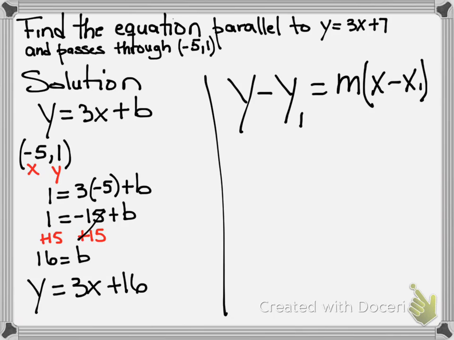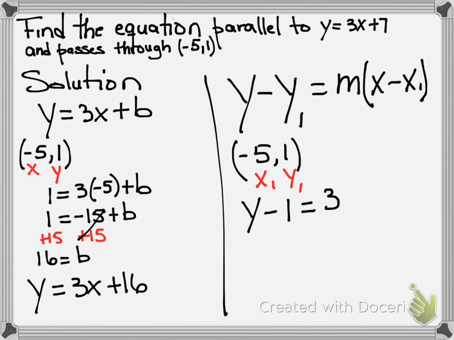Now consider the other form, which is the point-slope formula. We do the very same thing. Using the only point we have, we substitute: y minus 1 equals 3 times the expression x minus negative 5.